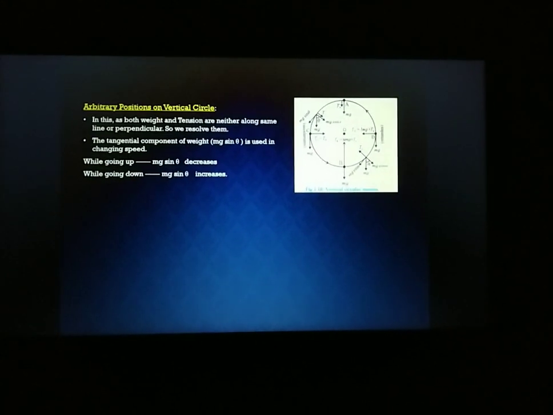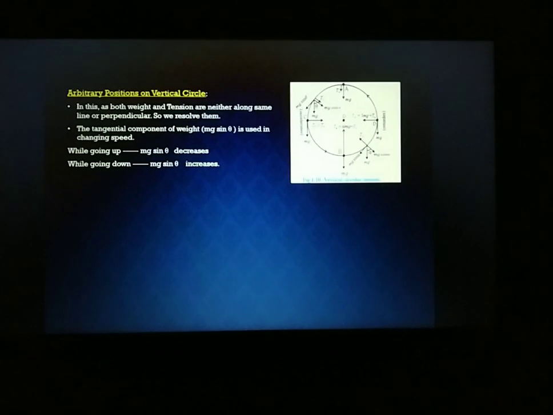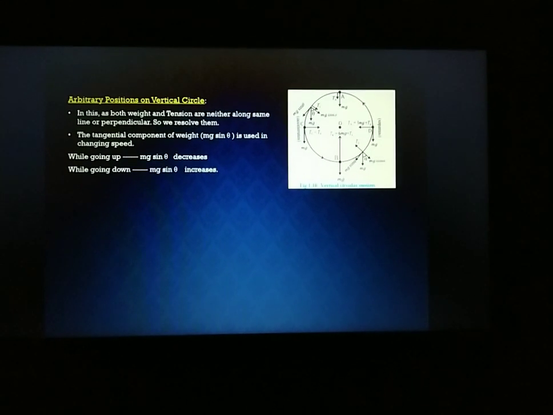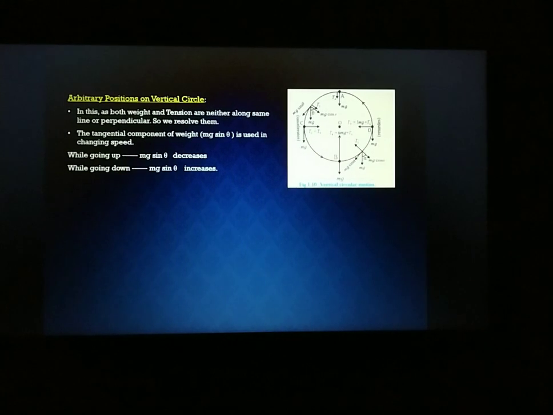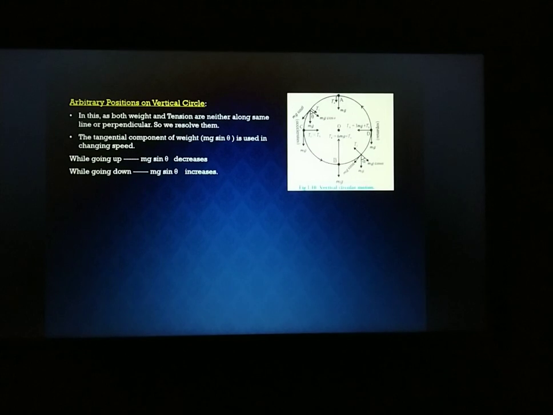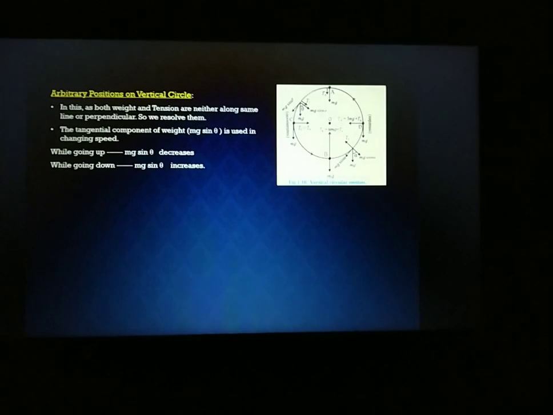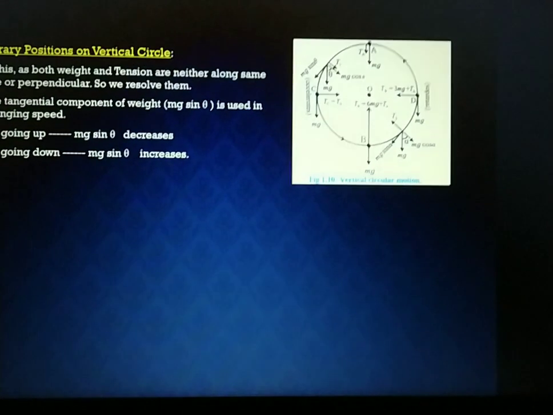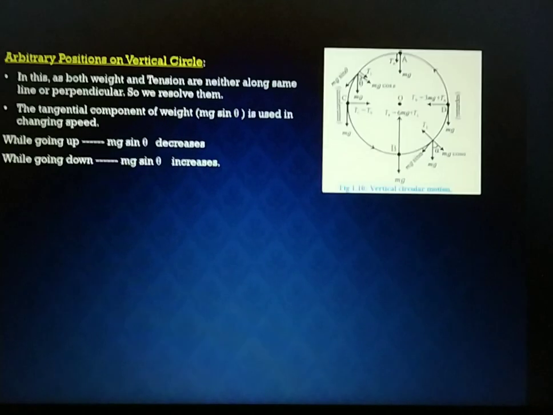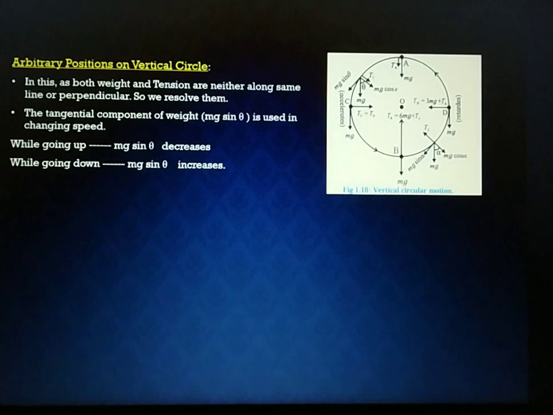Similarly, if you consider any arbitrary position in vertical circular motion, the tension and weight are not balanced, that is, both are not along the same line. So you have to consider the components of weight, as you can see in the figure. The components will be mg sin theta and mg cos theta.